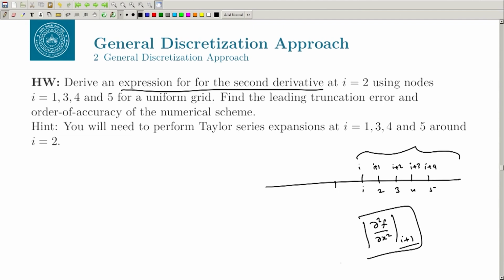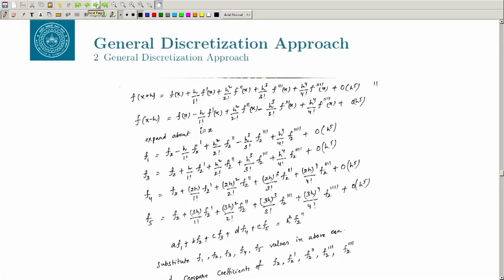So, what you need to do, at I you need to write the Taylor series around I plus 1, I plus 2 you need to write Taylor series around I plus 1, I plus 3 you need to write Taylor series around I plus 1, I plus 4 you need to write Taylor series around I plus 1, and for this also, and then compare the coefficients, right. For example, I have shown here, you can write 1, 3, 4, 5 everything around 2, okay.